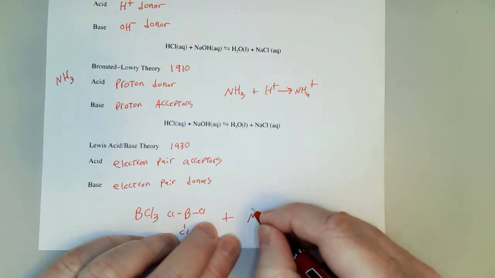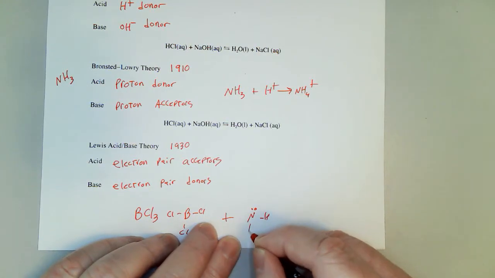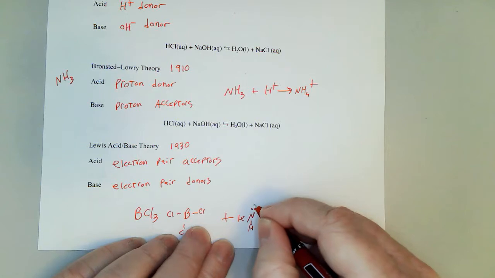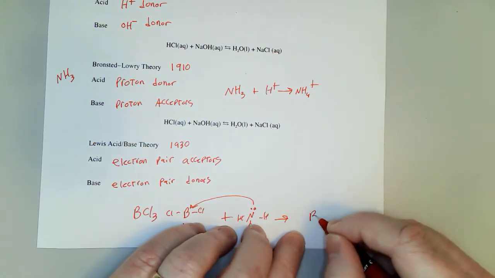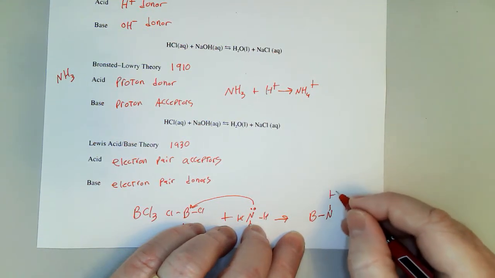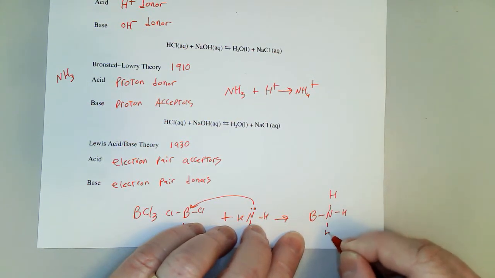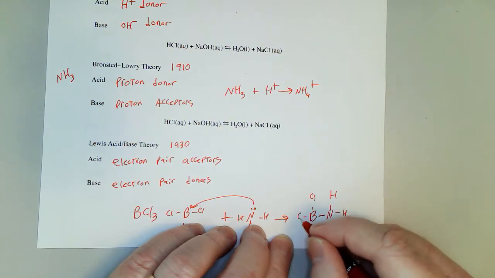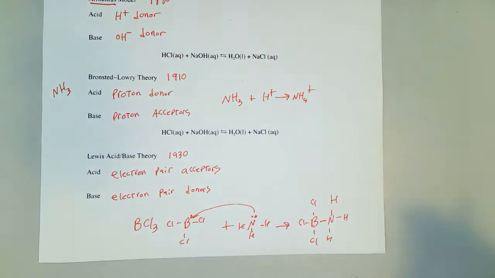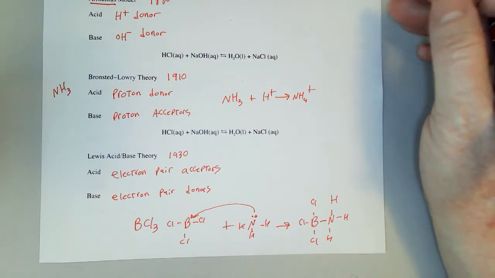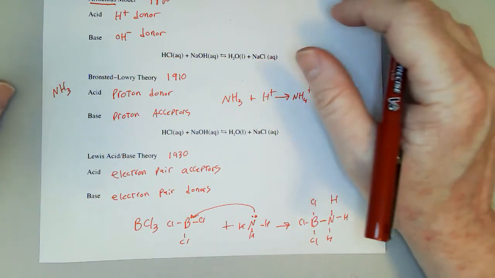Take ammonia, which has that lone pair. That lone pair bonds right in there, and what we end up getting is B bonded to N, H, H, H, Cl, Cl, Cl. So those are our three theories behind acids and bases. It goes deeper when you get into advanced inorganic chemistry, but that's plenty enough for what we're doing.